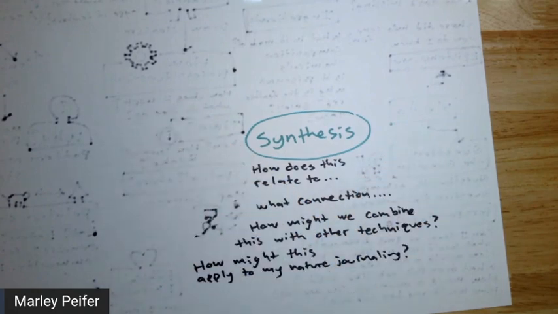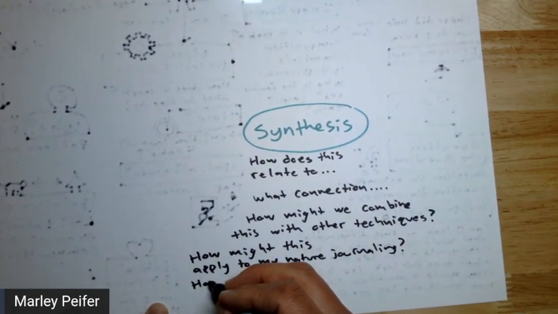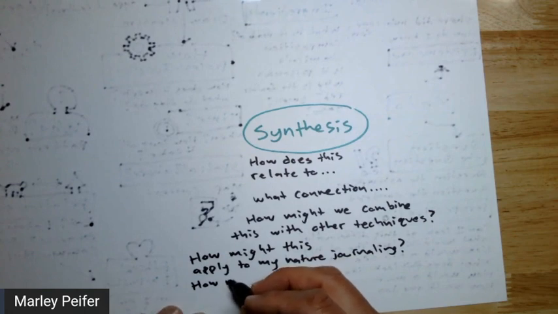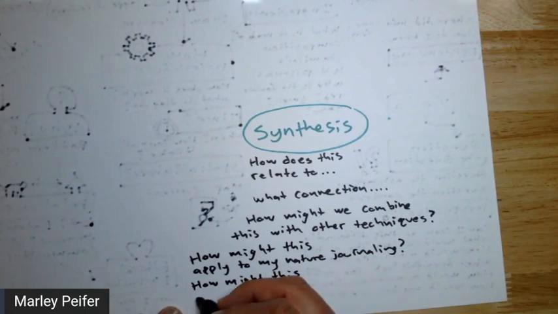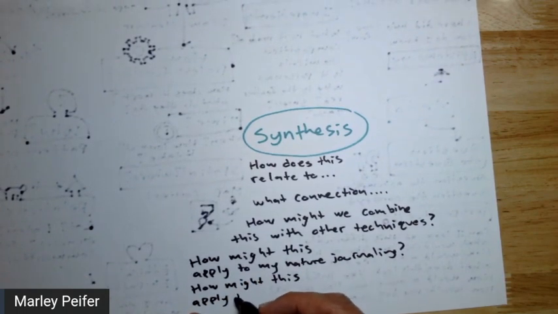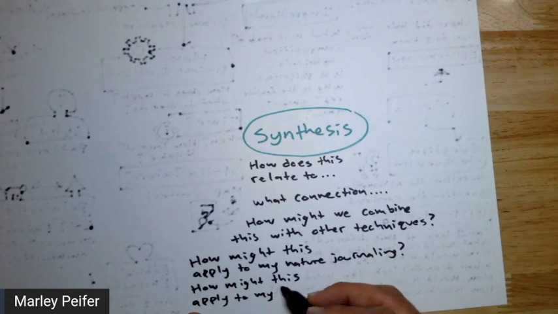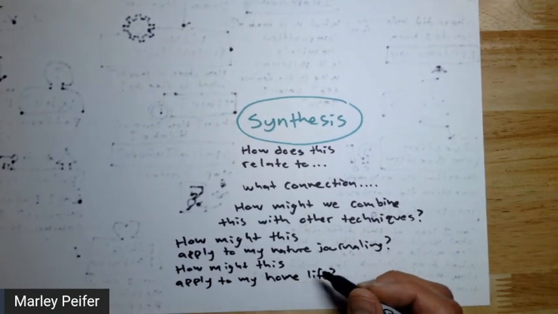So how might this apply to my nature journaling? If you're nature journaling and you're learning something, how might this apply to my personal life? If at all, it might not apply. I'm going to say home life, or my relationships, or my work, my career.